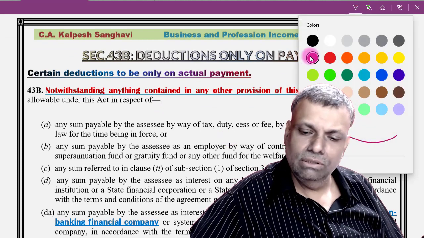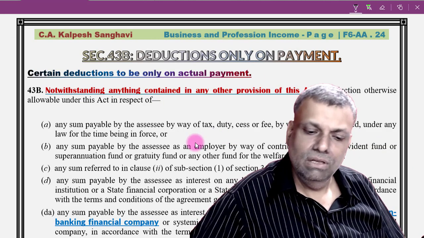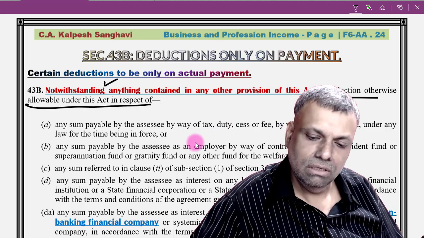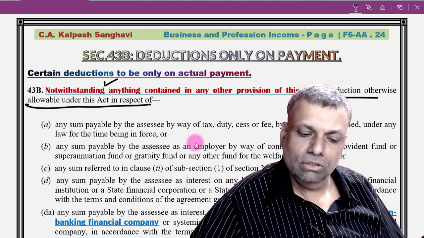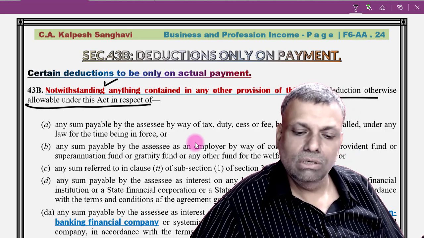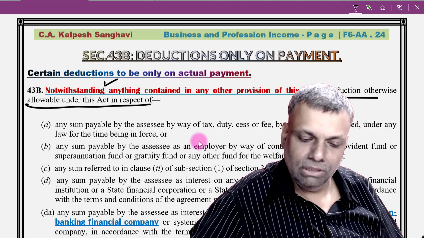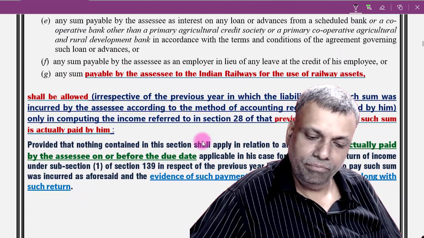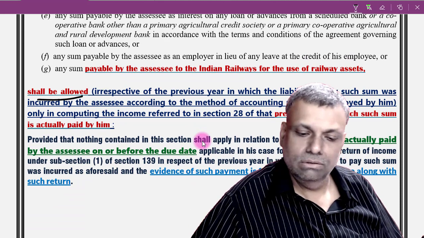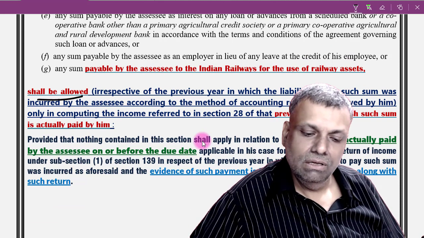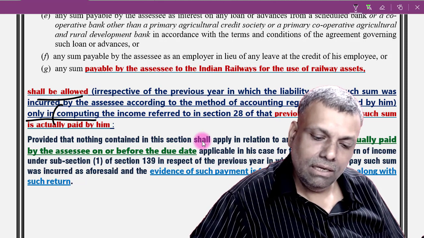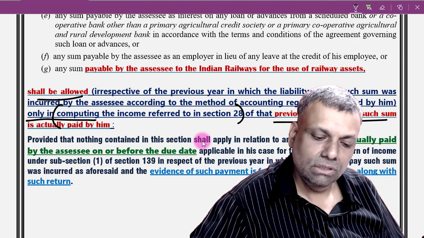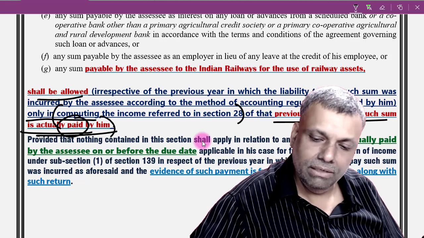Section 43B. Notwithstanding anything contained in the provisions, deduction otherwise allowed under these particular items, whatever these are, the list of the expenditure, shall be allowed only in computing the income referred to in Section 28 of the previous year in which such sum has been actually paid.